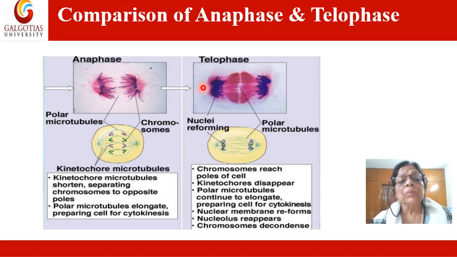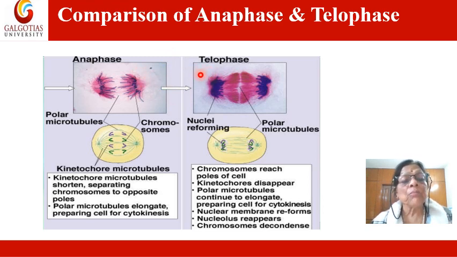Now, here we are comparing anaphase and telophase. This is anaphase, and this is how they look under the microscope. The anaphase stage, and this is telophase. So during anaphase, as we know, the chromatids which were arranged in the equatorial region during metaphase start moving towards the two poles.